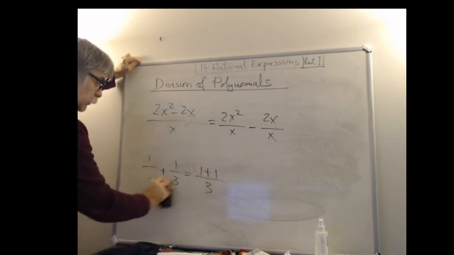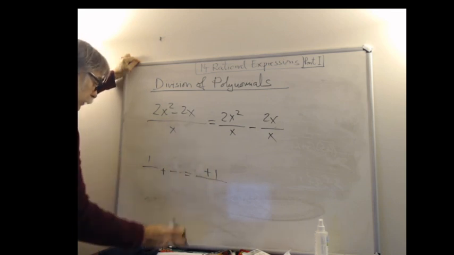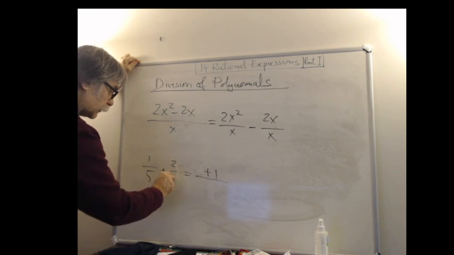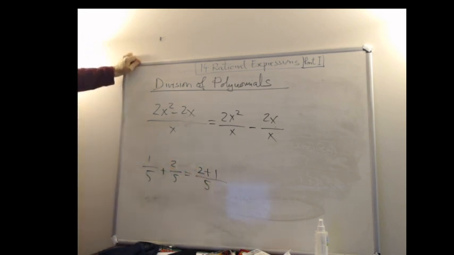Now I can give you something else that doesn't have everything the same. So like that. 1/5 plus 2/5 is equal to 3/5. Not really hard to see, right? 1/5 plus 2/5 is 3/5 because 1 orange plus 2 oranges is 3 oranges.